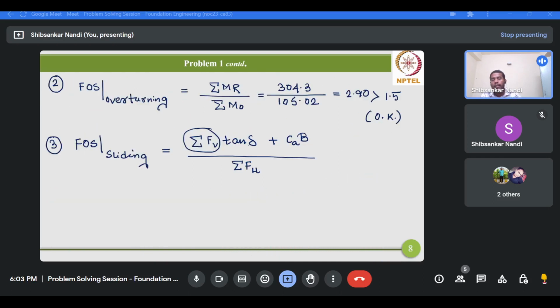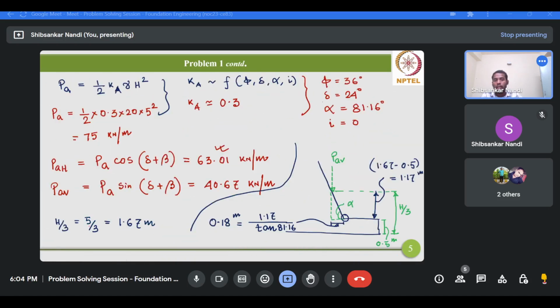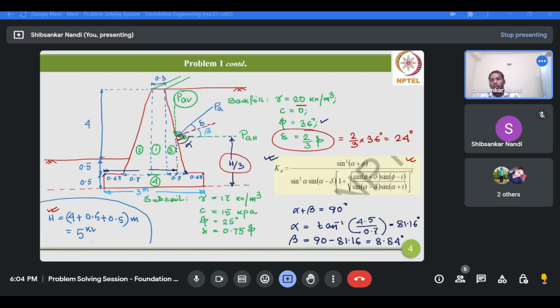Delta. Now what is the delta value in this case? The delta value in this case will basically be the delta value of the subsoil, not the backfill. Okay. So we are right now checking the sliding condition, factor of safety against sliding. So this delta value we have to use.